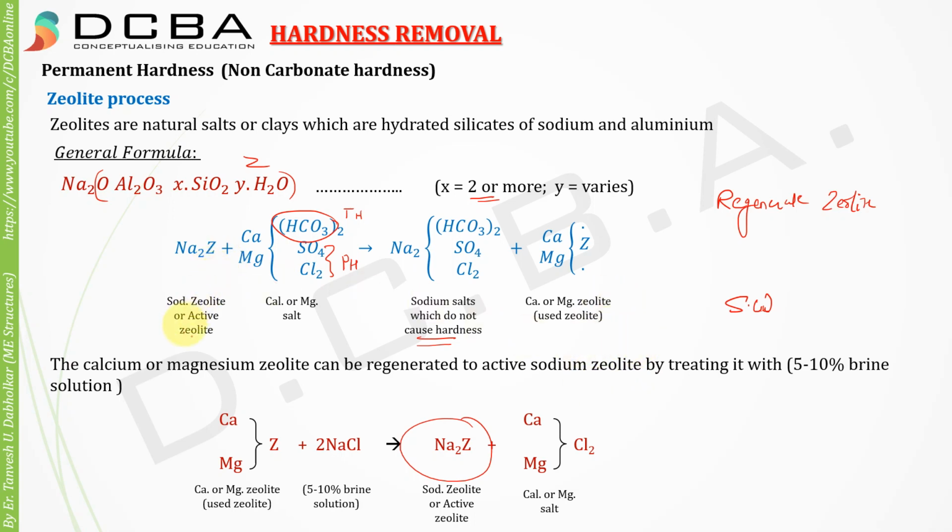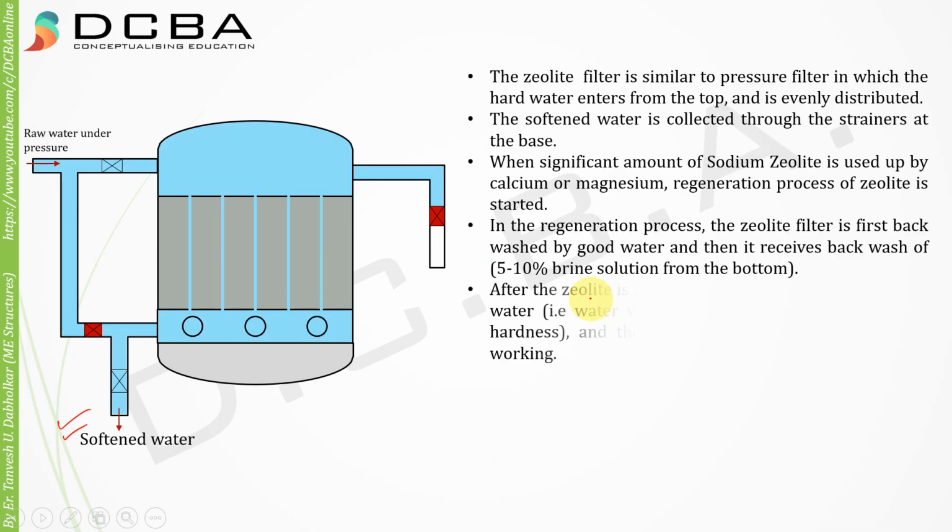Your water is getting converted into soft water, but there is no precipitate which is being formed. In the lime soda treatment, there were multiple precipitates which were being formed in all the chemical reactions, and those precipitates were then further sedimented in the sedimentation plant and later taken out as sludge, right? The major advantage of this process is that no sludge is formed, correct?